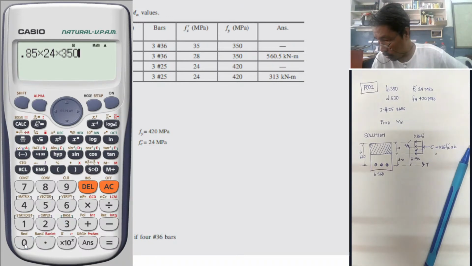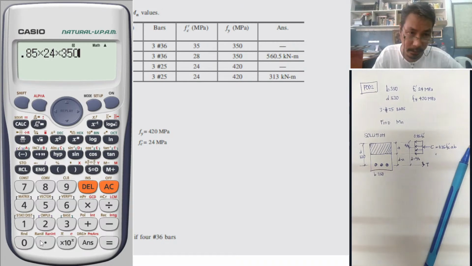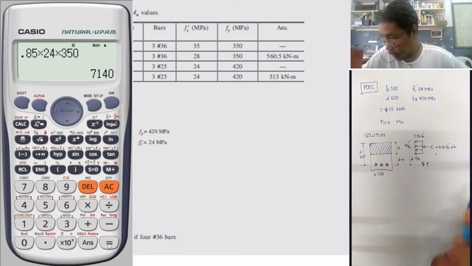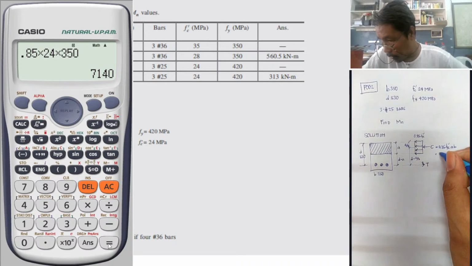We do not know A, so we can leave that as it is. So the answer would be 7,140 times the value of A.